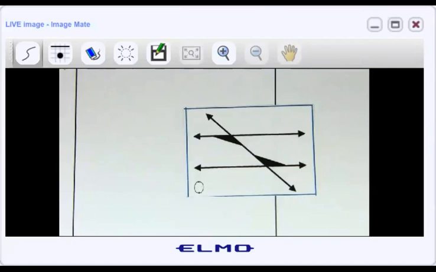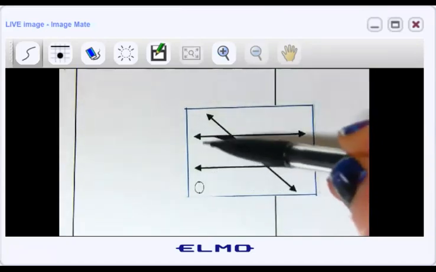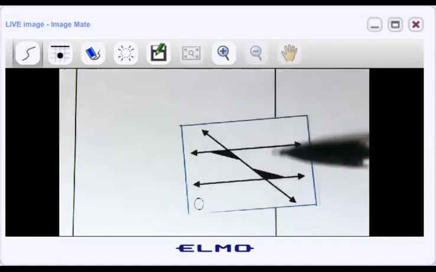I'm not too sure, but is it one of the alternate ones? Yes, because one's to the left, one's to the right. So alternate is right. And then would they be interior or exterior? Exterior? Now, you want interior because you're looking at these 2 lines here, and they're both on the inside of those 2 lines.